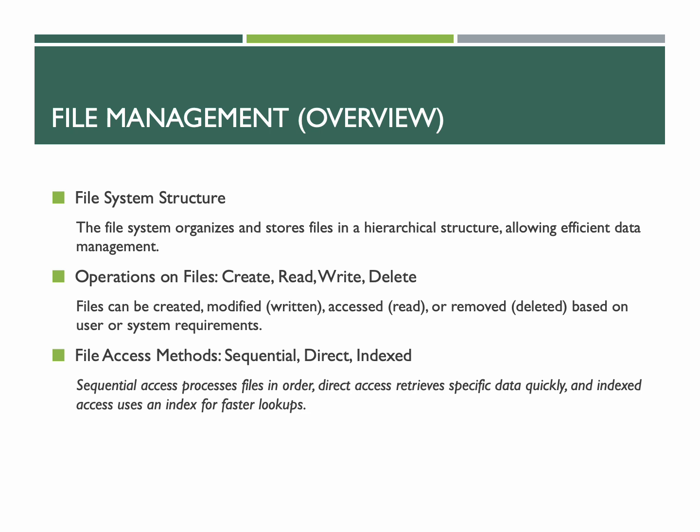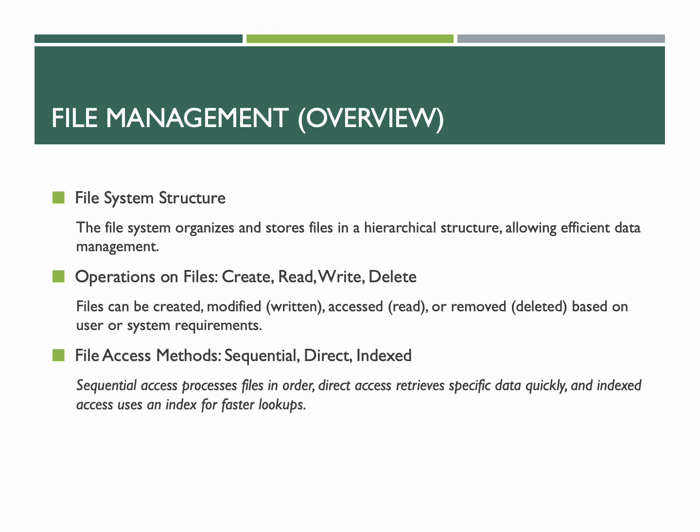Then we have file access methods, that is, how you can access the files. We have three methods. First is sequential access, which processes files in a specific order, like reading a book from start to finish, or playing a video file from the beginning.